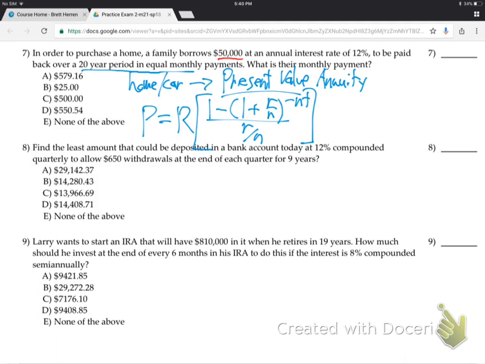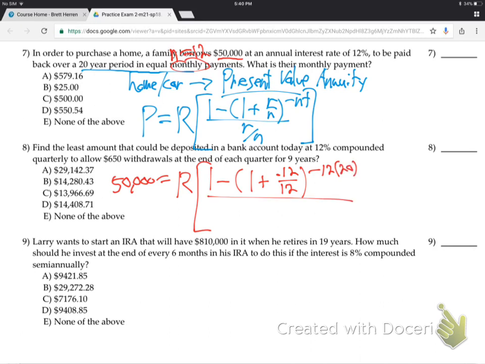That's the principal they borrowed, $50,000. We're going to find the payments. And 1 minus 1 plus, and our interest rate is 12%. It's monthly payments, so N is 12, right? N is the number of times per year. And to the minus 12, and what is T? How many years? 20 years, over 0.12 over 12.